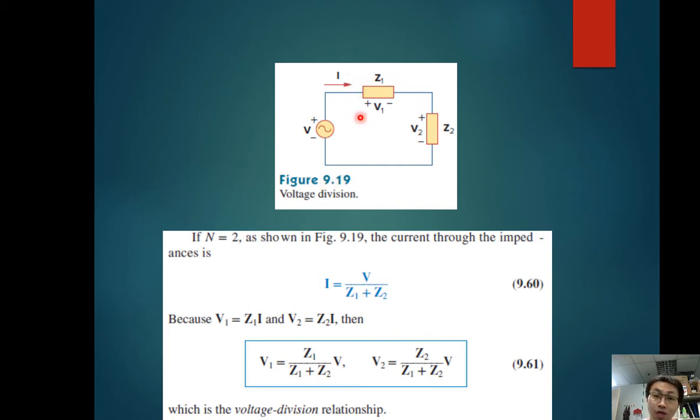If I want to find the voltage here, I use Z1 divided by Z1 plus Z2 times V. Remember, you will still remember chapter 2. Voltage division is Z1 divided by total impedance, times the total voltage. Or if I want to find V2, I use Z2 divided by total impedance times total voltage.